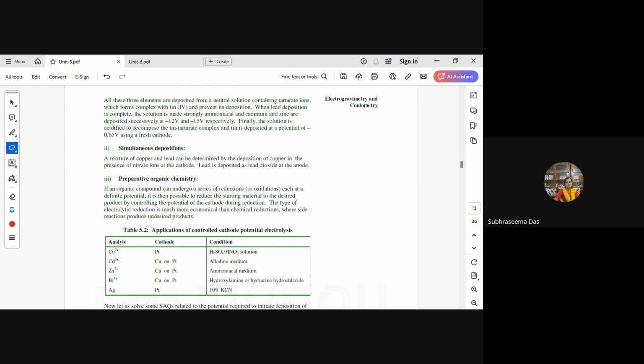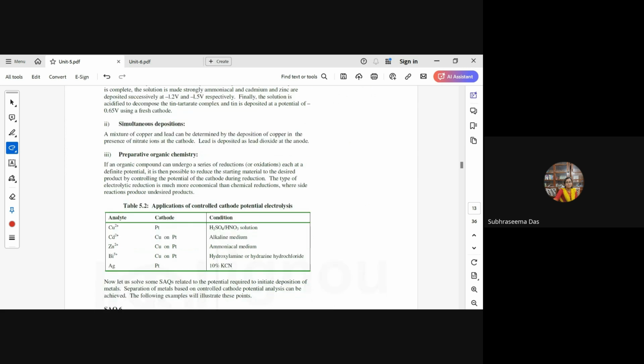Then it is also used in preparative organic chemistry. If an organic compound is subjected to a series of redox reactions, whether reductions or oxidations, at a definite potential, then it is possible to reduce the starting material to the desired product by controlling the potential of the solution during the process of reduction at the cathode.